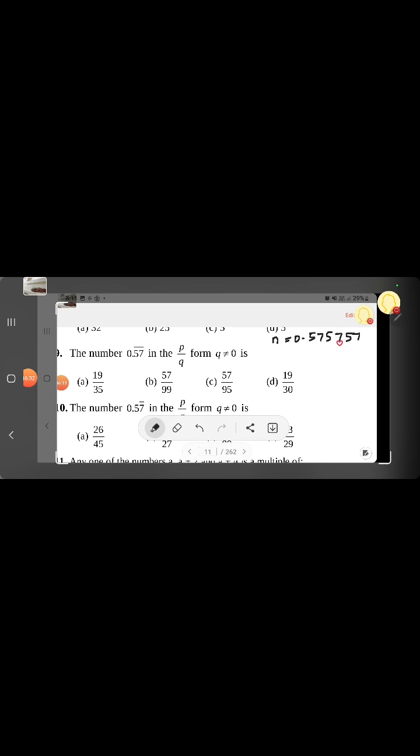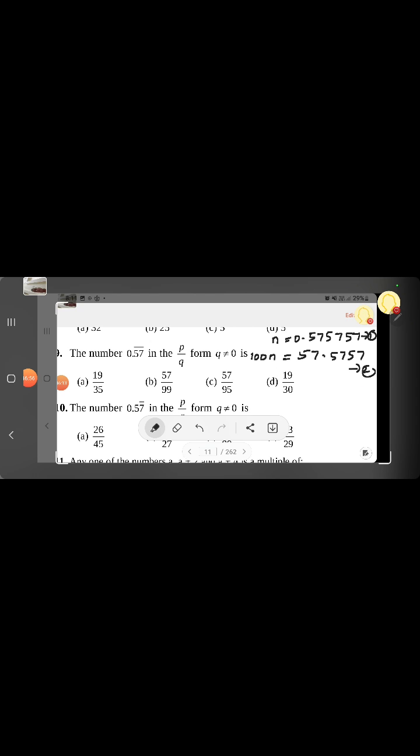As these two decimal values, 57, are repeating, multiply this equation, let it be equation 1, by 100. So 100n is equal to 57.575757. It will keep on going. Let it be equation 2.